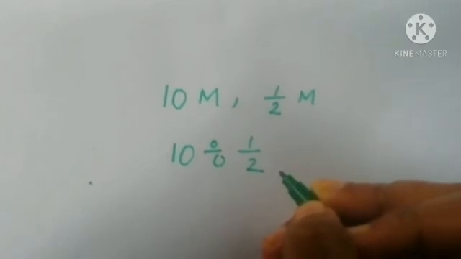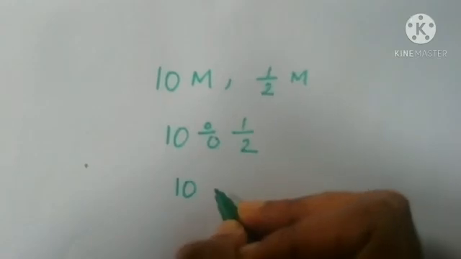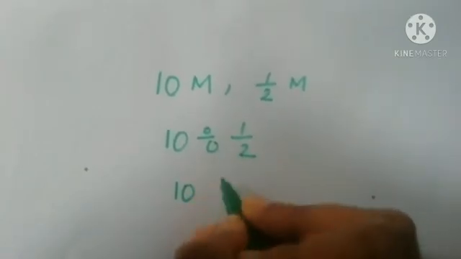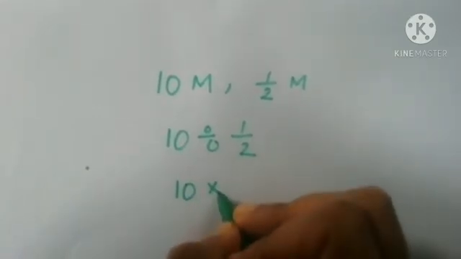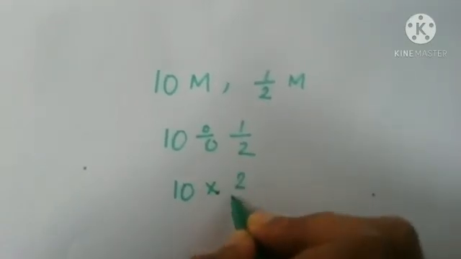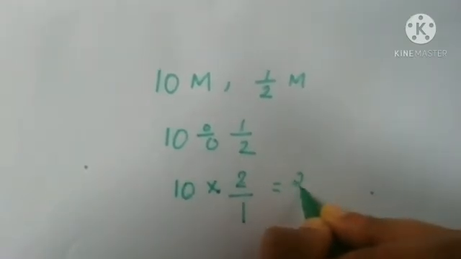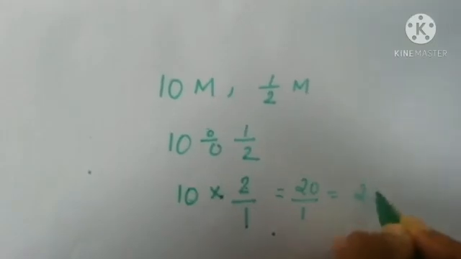From our previous question, we know that the first term should be kept unchanged and the division should be changed into multiplication. 1 by 2 is reversed into 2 by 1, which gives 10 times 2 by 1, equal to 20 by 1, which is equal to 20.